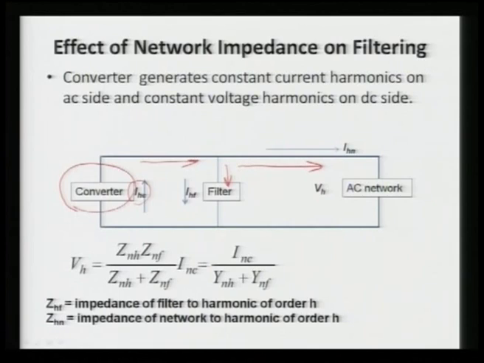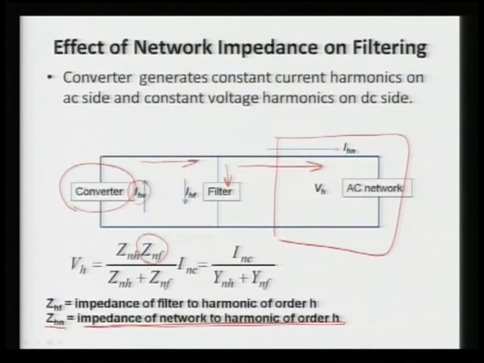While analyzing all this, we assume we do not have anything on this side. So, everything is going through this, but it is not so, because your network has some impedance, and this is called the network impedance at the fundamental component. So, ZHN here is the impedance of the network at harmonics of hth order.